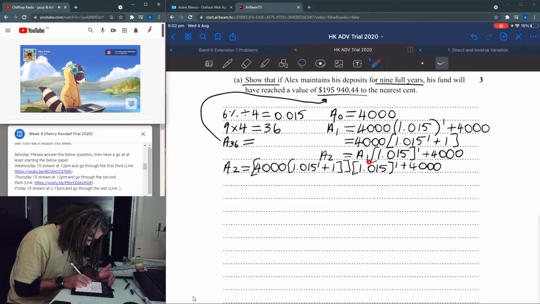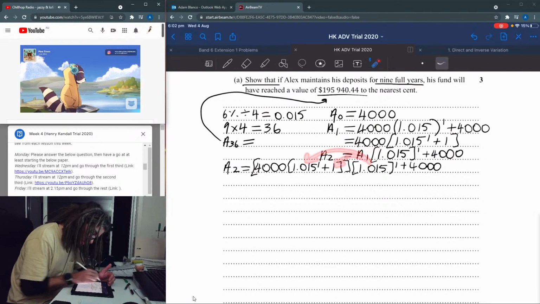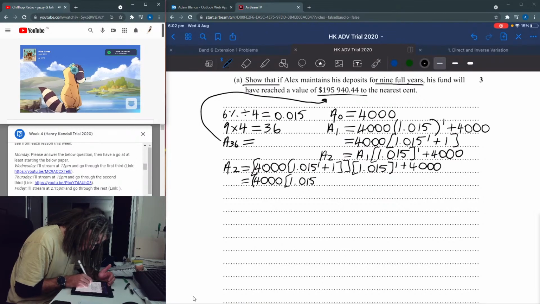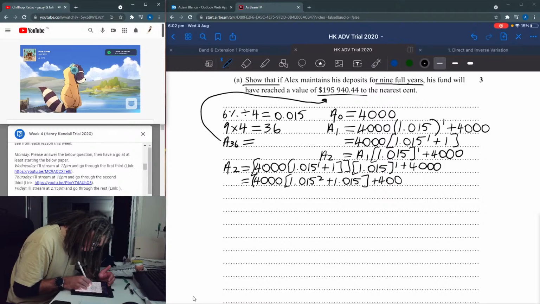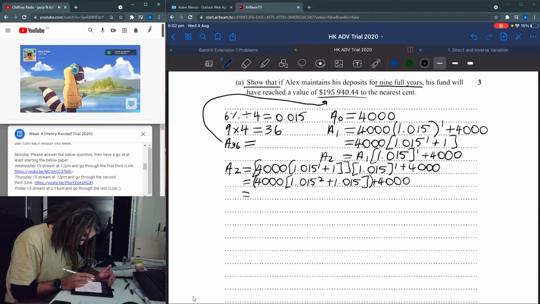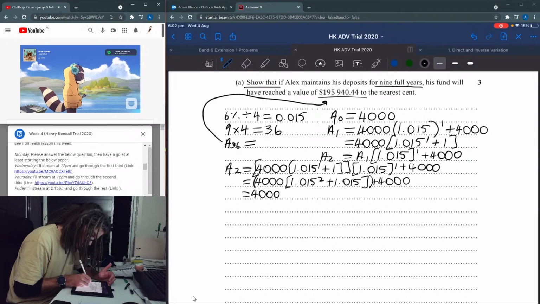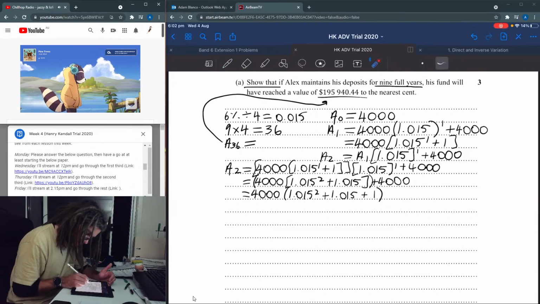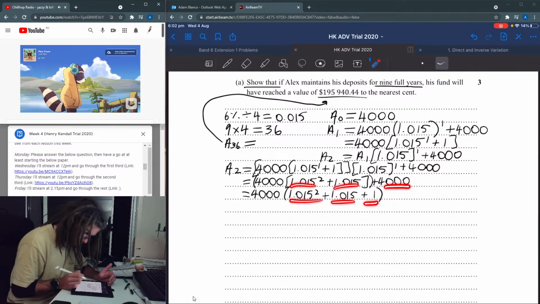So 4,000 bracket 1.015 squared plus 1.015 plus 4,000. Now I'll factorize 4,000 out. So 4,000 times (1.015 squared plus 1.015 plus 1).